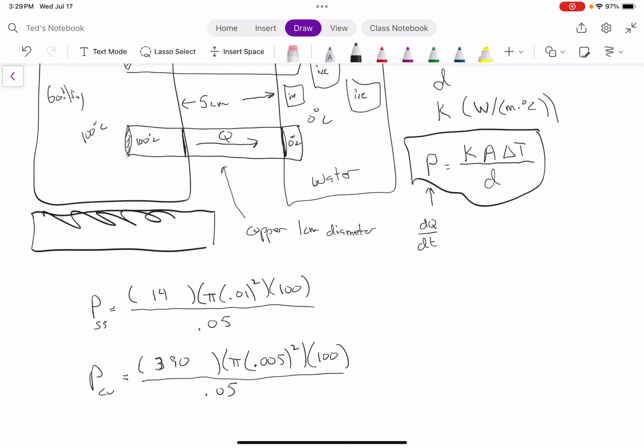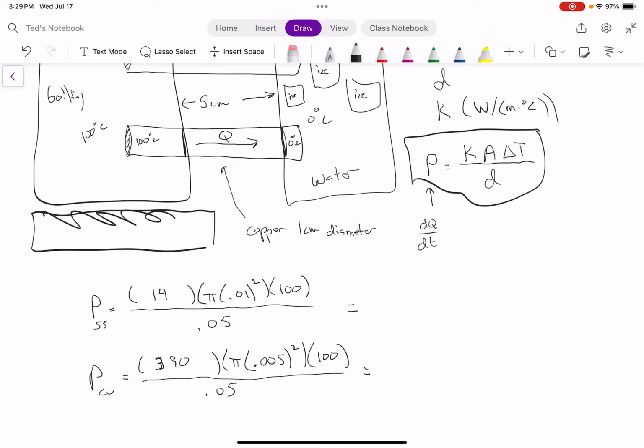Now, what does that mean? That means that copper is a much better thermal conductor than stainless steel. Okay, well, now that we've got all our numbers, we can plug these in. I've already done that.